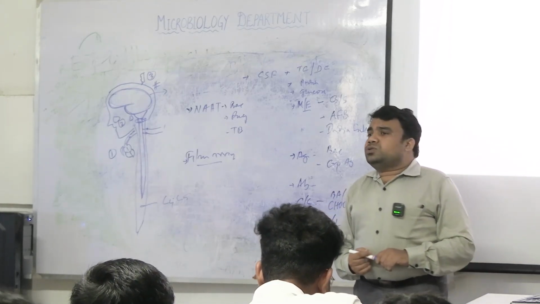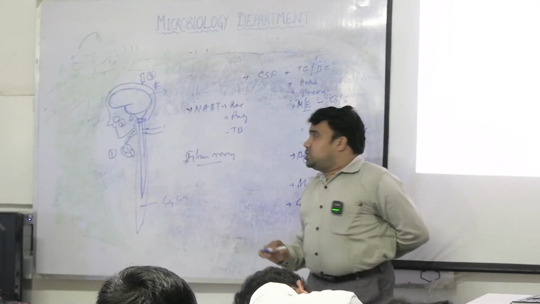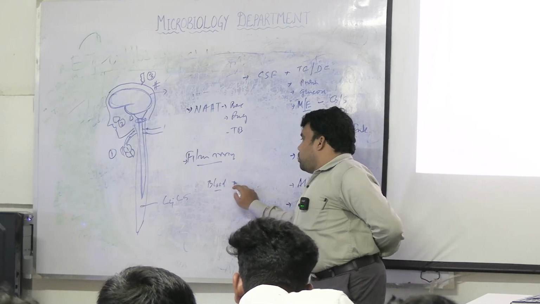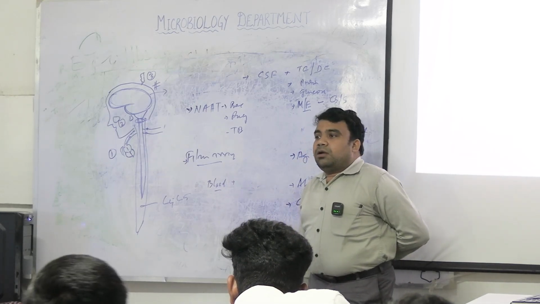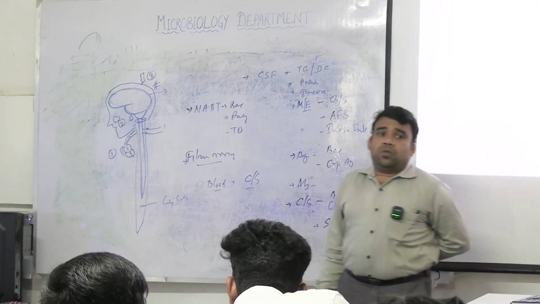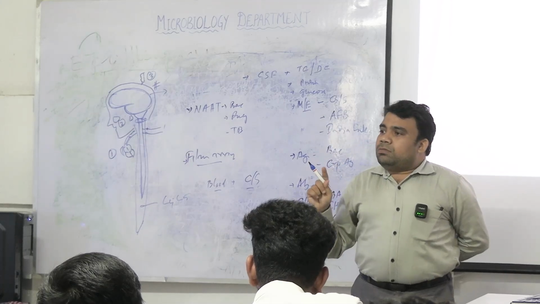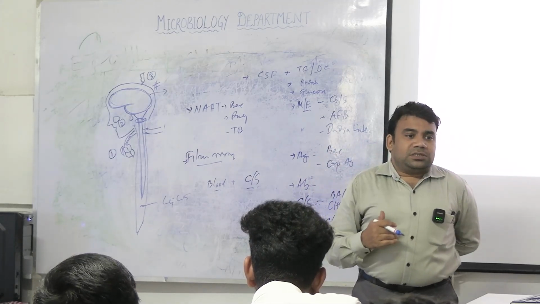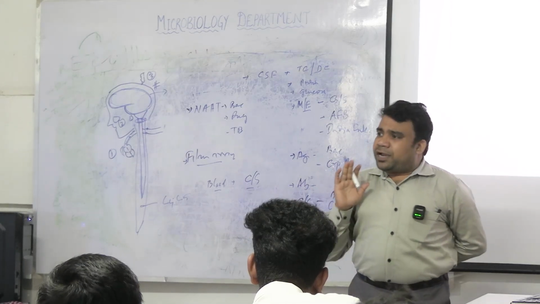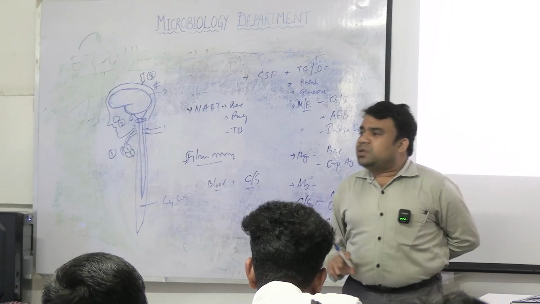Furthermore, we can use many other tests also. For example, simultaneously we need to do some investigation in blood. What would that be? Blood culture. This is very important. Why? Remember, I have told you the most common route of transmission is hematogenous. So whenever you are dealing with a case of acute meningitis, there is a high probability that the pathogen is also present in the blood.